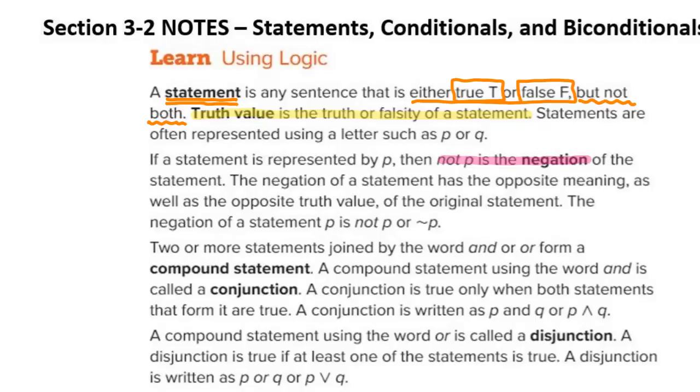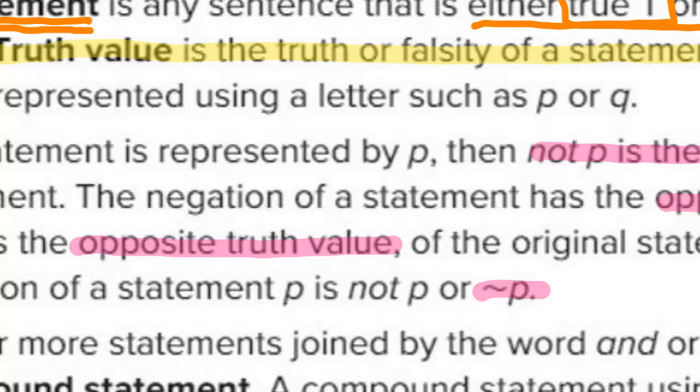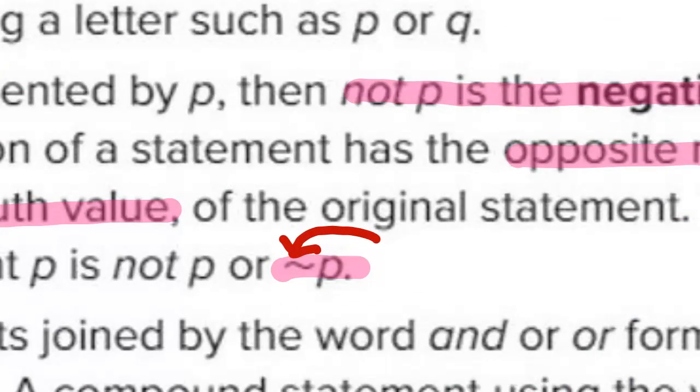The negation of a statement has the opposite meaning as well as the opposite truth value of the original statement. The negation of the statement is not P, or we have this symbol right here to mean not. A squiggle in front of the P. That means not.